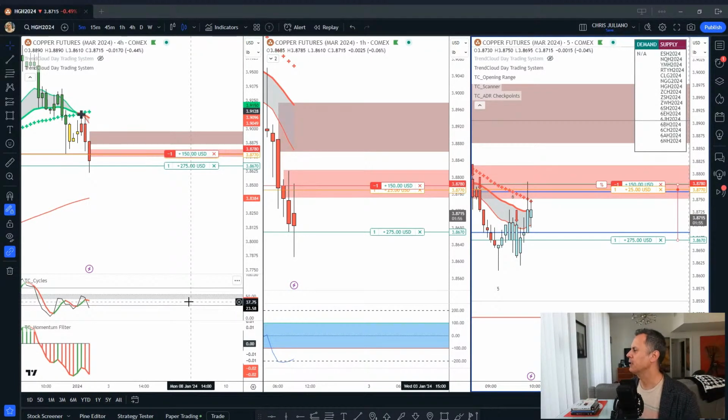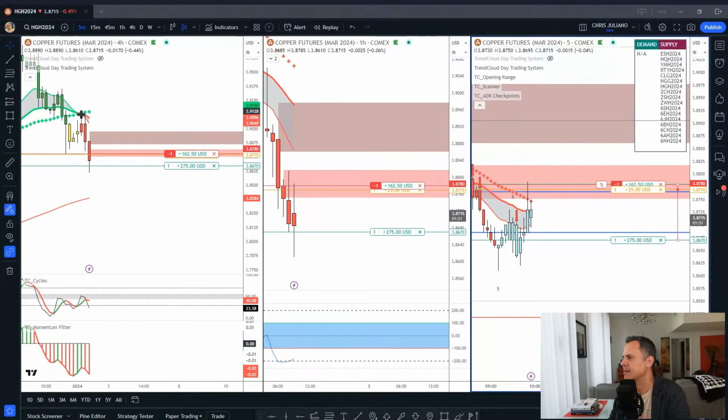You can only scale out of a trade if you have more than one contract. If you just have one contract, you have to take that 2-to-1 target. So it is what it is.